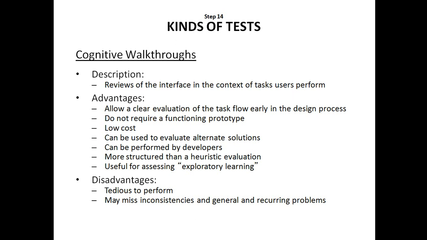Individual task actions are examined, and the evaluator builds some sort of logical reasoning why the user has to perform these examined tasks. After that, these actions are compared with the user's knowledge and goals, and we try to identify the problems.